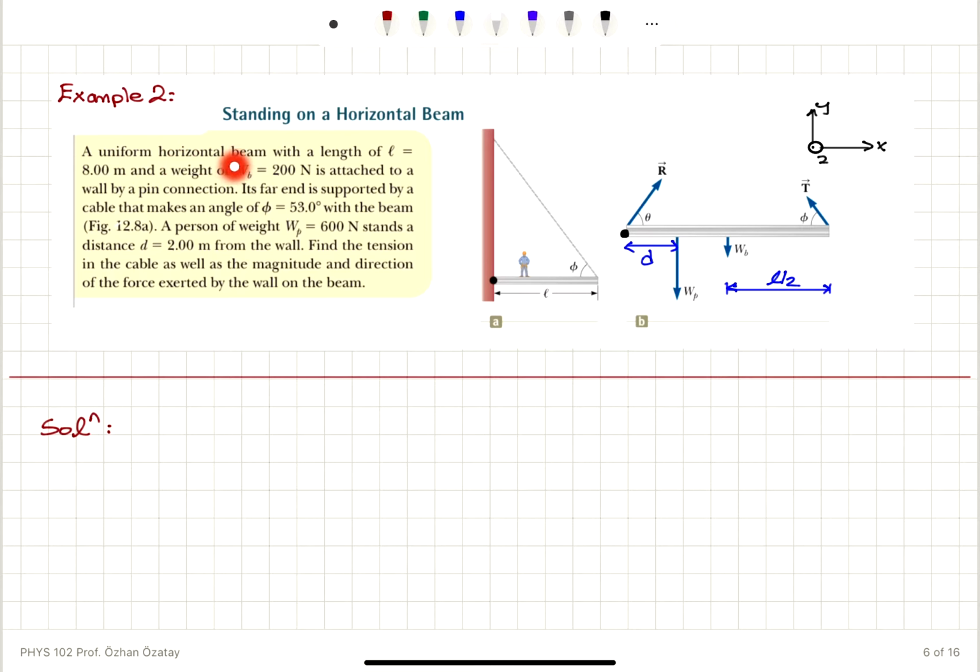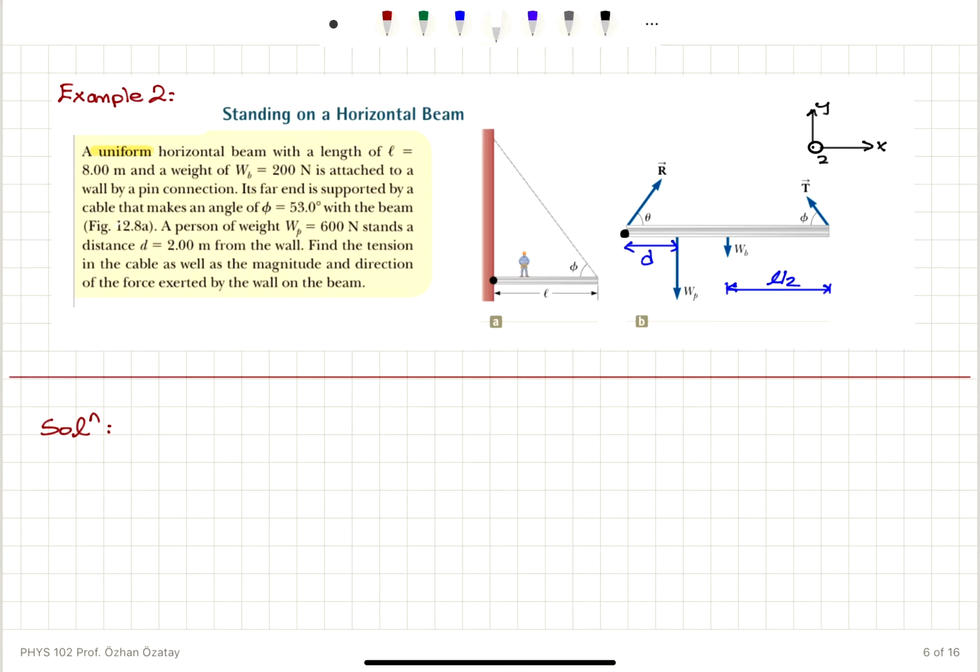A uniform horizontal beam with a length of 8 meters. So first of all, this is a uniform horizontal beam, and a weight of 200 newtons is attached to a wall by a pin connection. Its far end is supported by a cable that makes an angle of 53 degrees with the beam as shown in the figure.